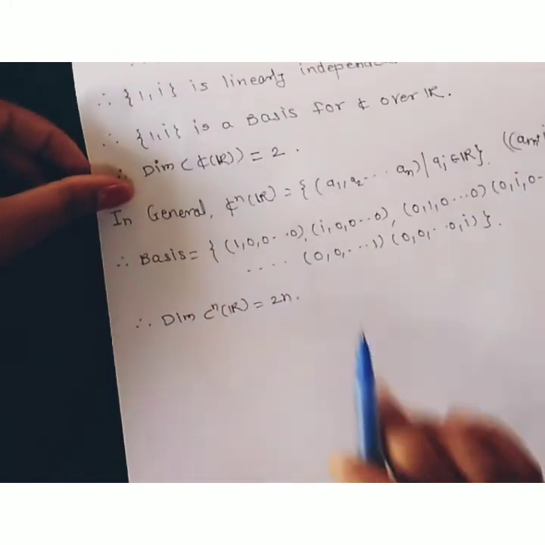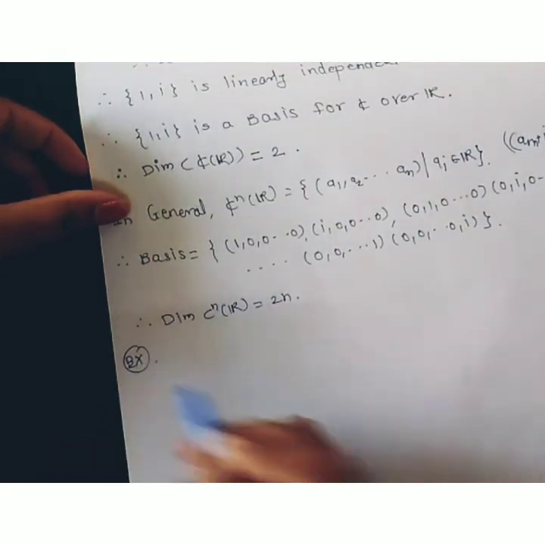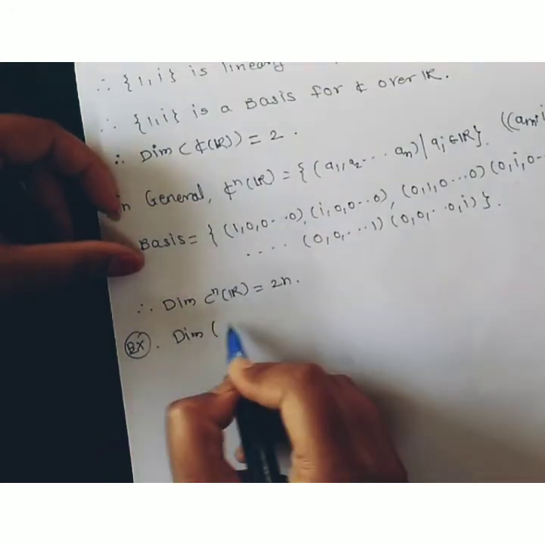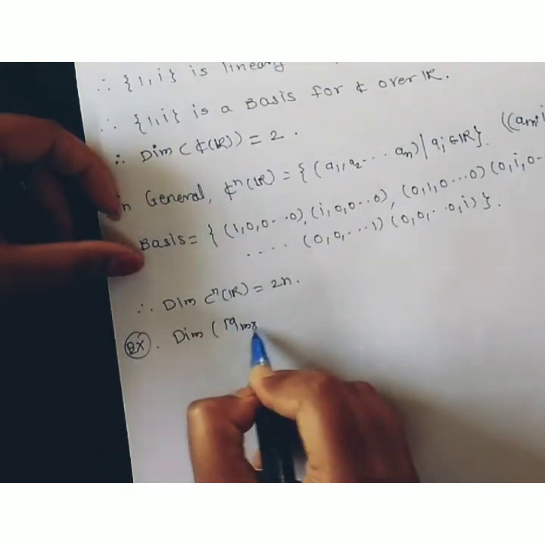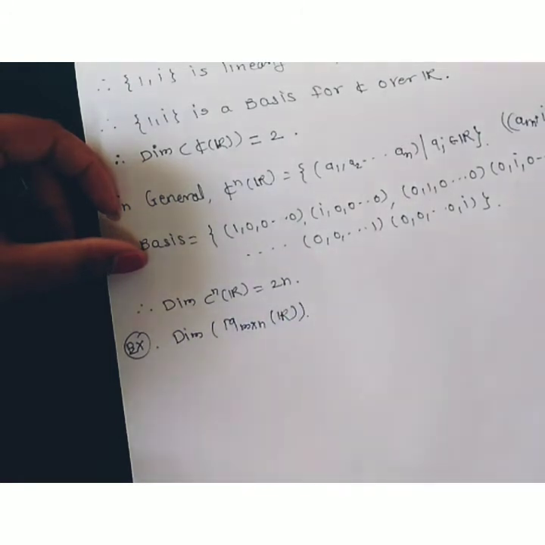Now, if we have to find the dimension of the m cross n matrices over R, what is the dimension of this?